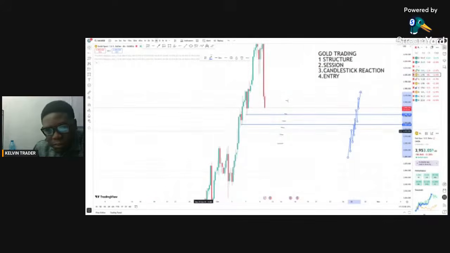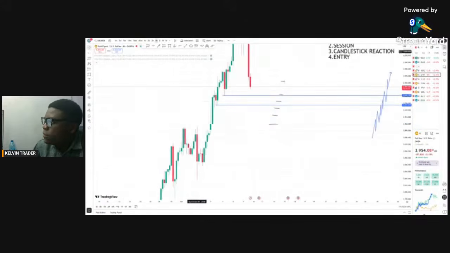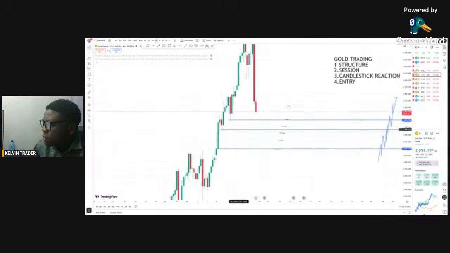You see? So this is it. So watch out for price reaction around these zones.